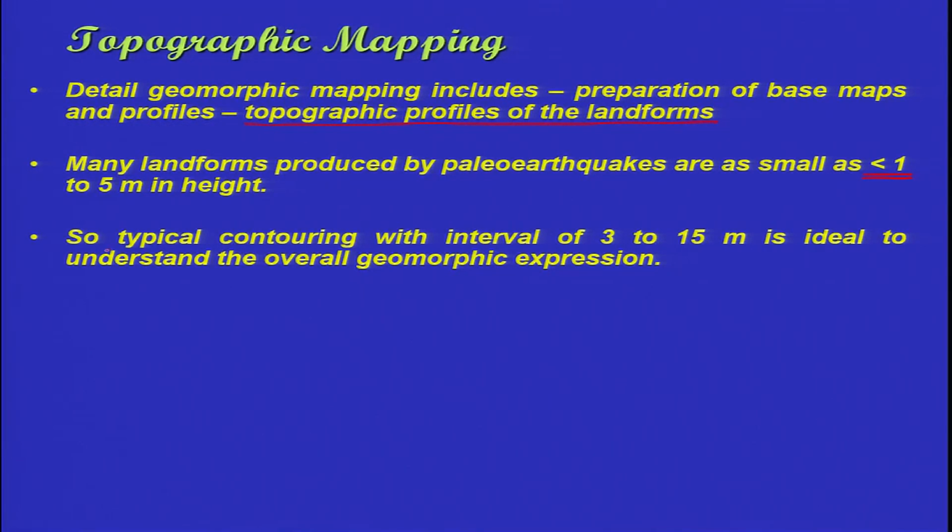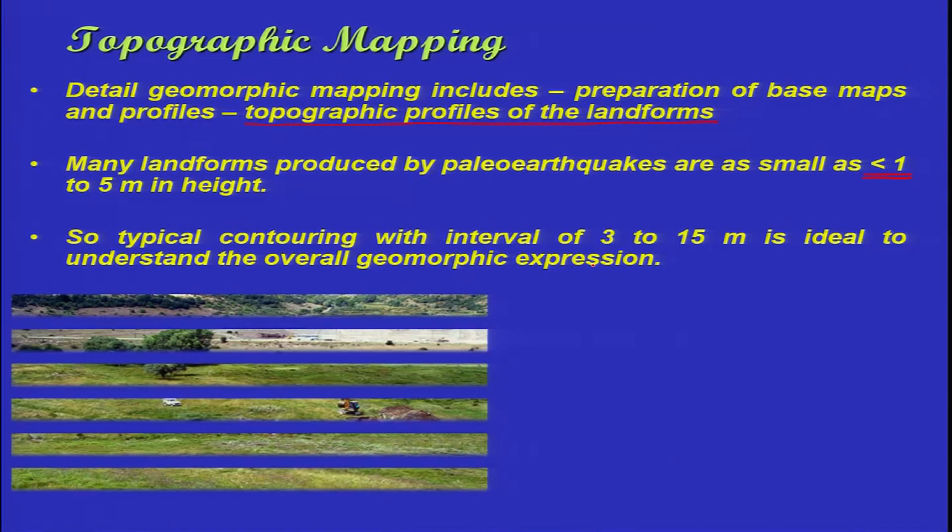So what we do is we generate a very detailed map using GPS or the total station, and generate contour maps with an interval of 3 to 15 meters or even less than this. A very high resolution topographic map you can generate with the contouring, which is ideal to understand the overall geomorphic expression.